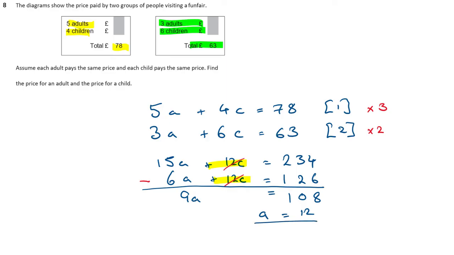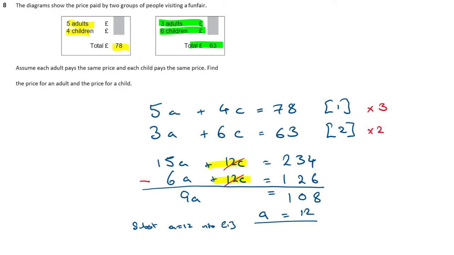So we know a is 12 now. Oh, sorry, the price of an adult ticket was £12. We still need to work out the price of a child ticket. We can do that by substituting back into our original equation. So substitute a equals 12 into either 1 or 2, it doesn't really matter. Let's just put it into equation 1.